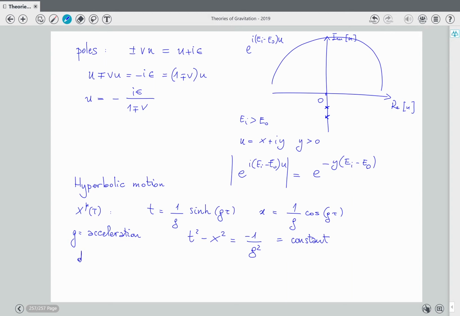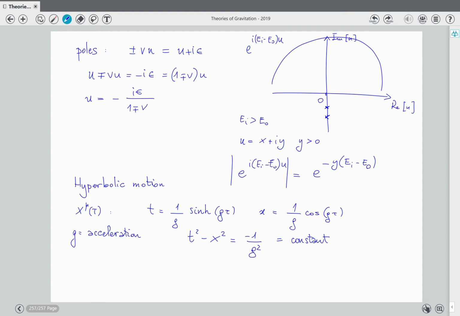Let's compute a few properties such as the velocity, the acceleration, to check that the acceleration is in some sense constant. So dx over dt is equal to what? One thing to make the calculation easier.